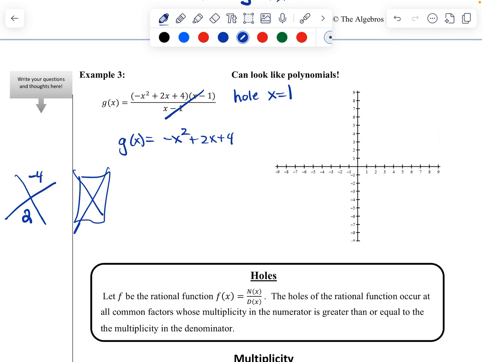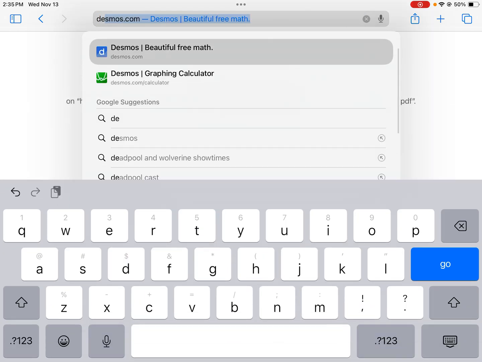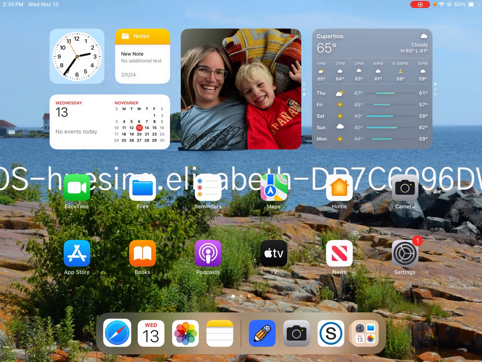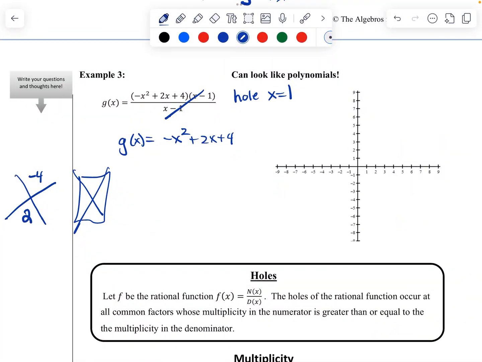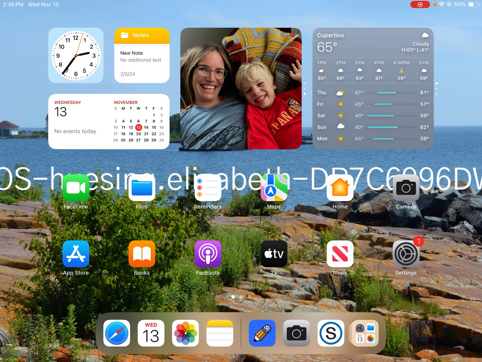So if we were to go to Desmos here, and let's see, so we had negative x squared plus 2x plus 4 times x plus 1 over x plus 1. Hopefully that's what we had. So you'll notice it looks like a parabola here, right?